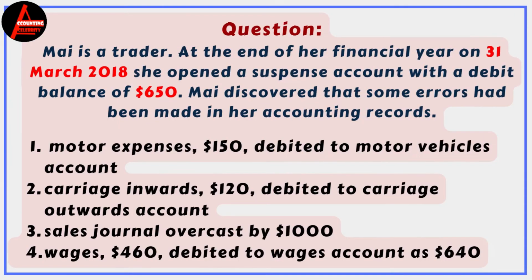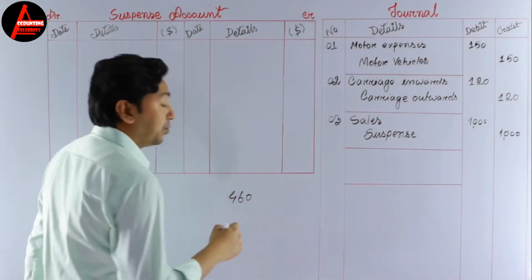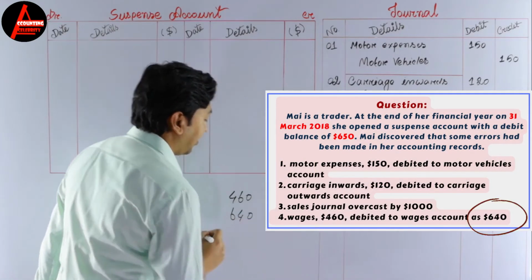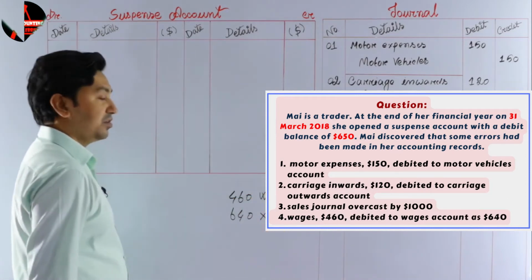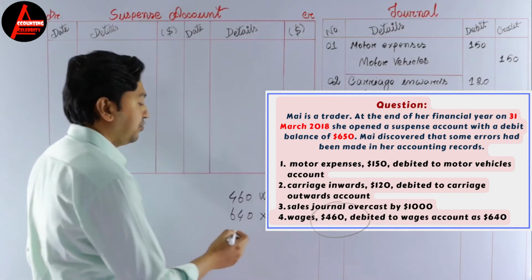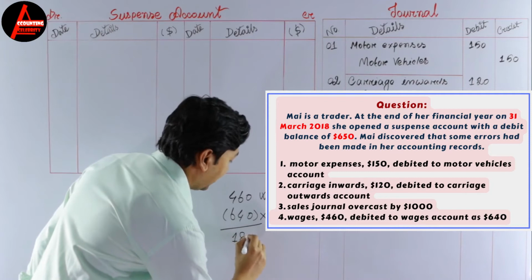The last one, wages $460 debited to wages account as $640. It was $460, but mistakenly it is written as $640. This is the correct amount and this is the wrong amount. Now how much money was written more? How much overstated? If we subtract this amount, we get $180.